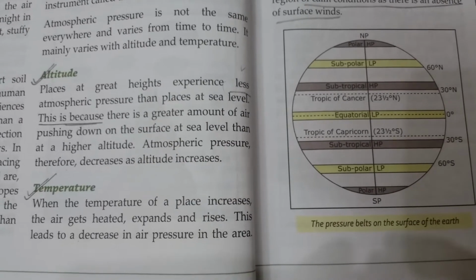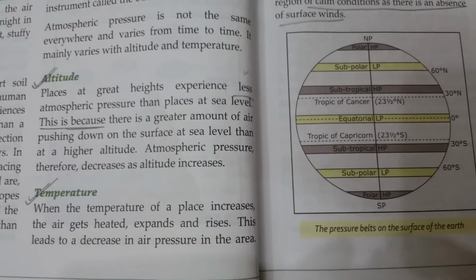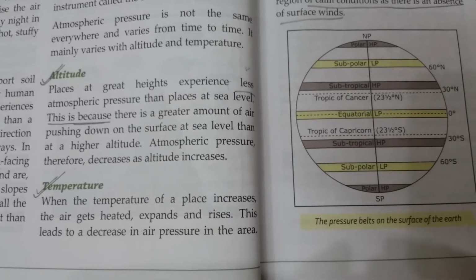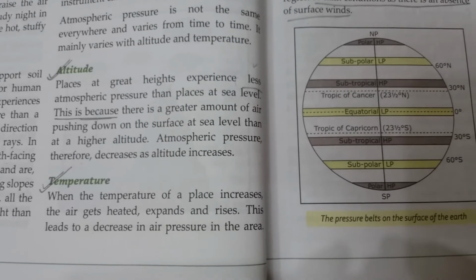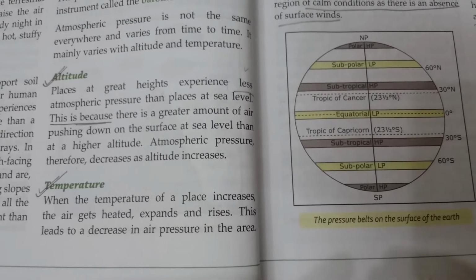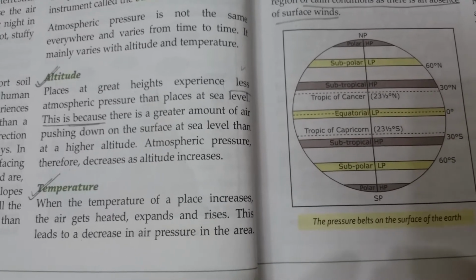Now let us understand the factors which affect atmospheric pressure. The first one is altitude. Places at great heights experience less atmospheric pressure than places at sea level.